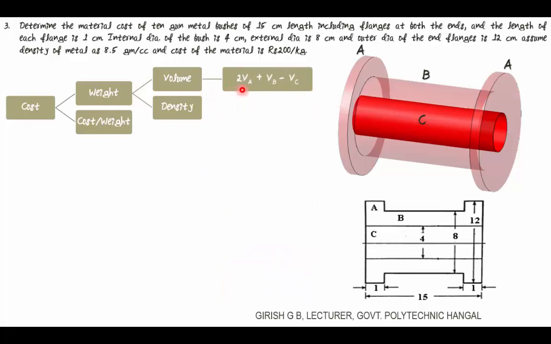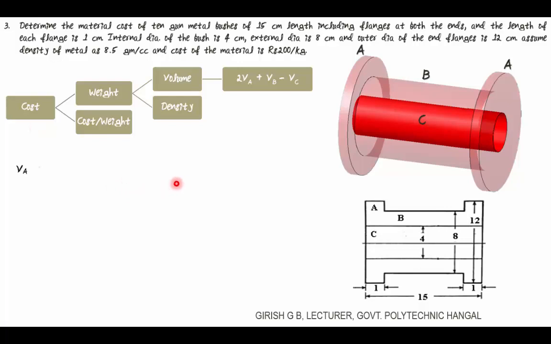That is V = 2VA + VB - VC. First we are going to determine the individual volumes, then the total volume. Multiplying it with density we obtain weight, multiplying it with cost per unit weight we obtain total cost.